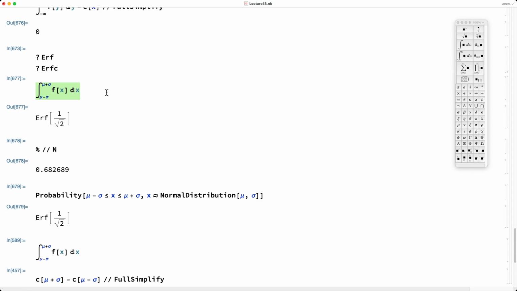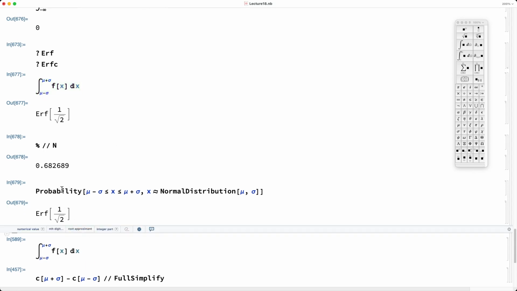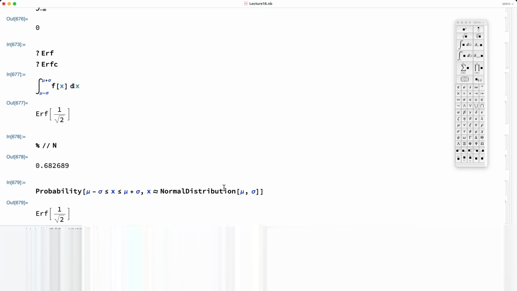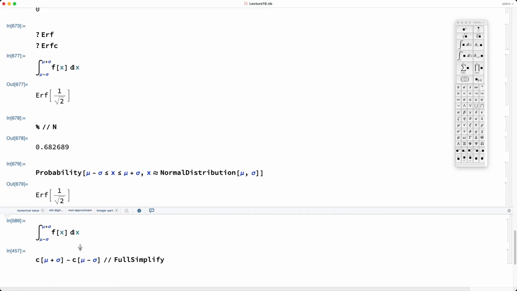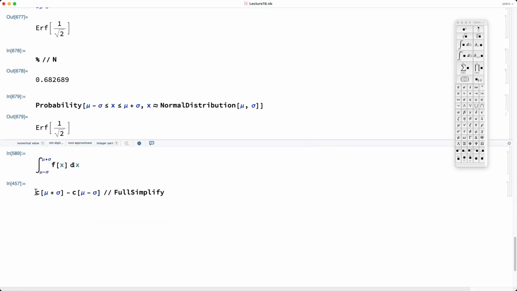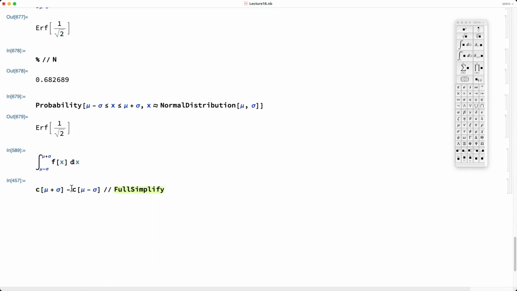Actually, you can also do that using the CDF. Essentially, that's what Mathematica does. It knows what the CDF is and uses that to calculate this integral. So if I take the CDF at mu plus sigma and subtract the CDF at mu minus sigma, we know the CDF is the integral of f of x.